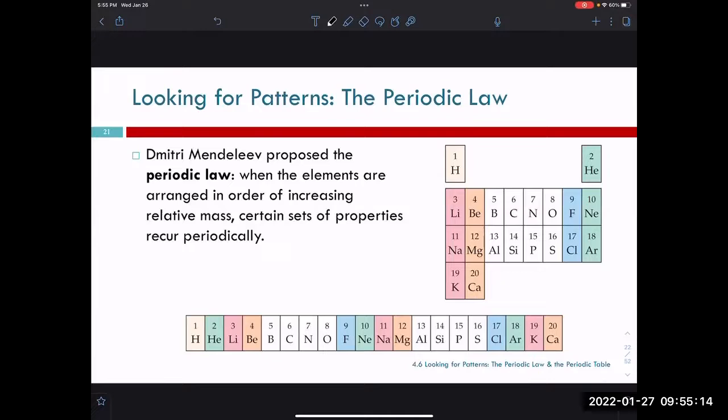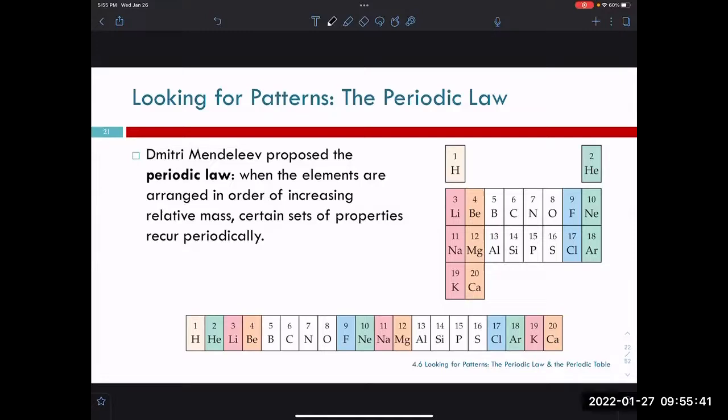So, oh yeah, this is actually a really cool thing about the periodic table. When you organize it like it is, and Dmitri Mendeleev came up with this. He proposed the periodic law, so that if you arrange the elements in order of increasing relative mass, or atomic mass in this case, or atomic number, certain sets of properties recur periodically.